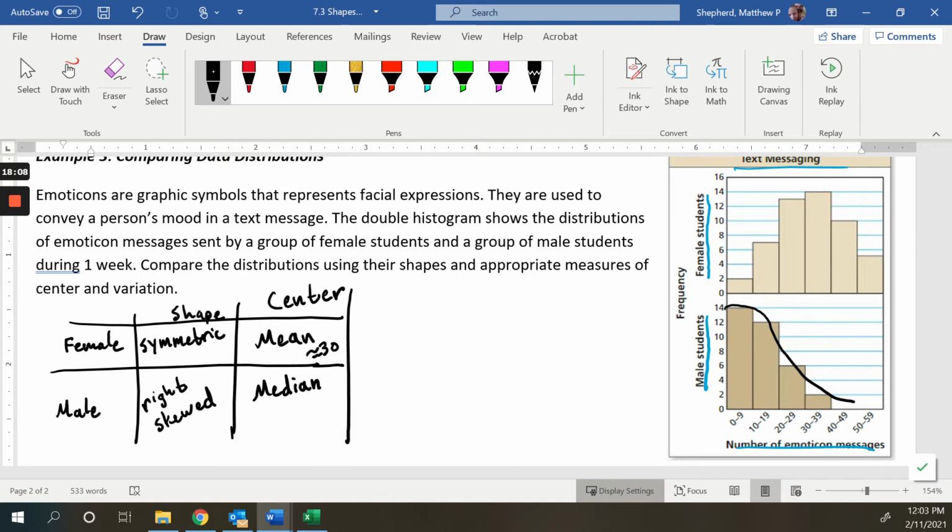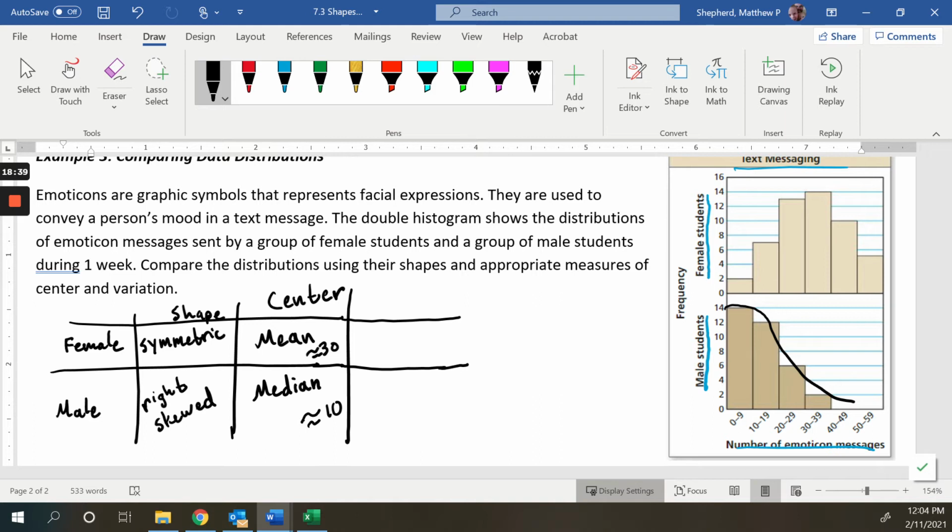It'll be ever so slightly in the direction of where the tail is. So I'm thinking it's somewhere between the 10 to 19 would be my best guess. I'm going to go on the lower end and say, right now I'm guessing at about 10. Okay, so that's how I would do my measures of center.